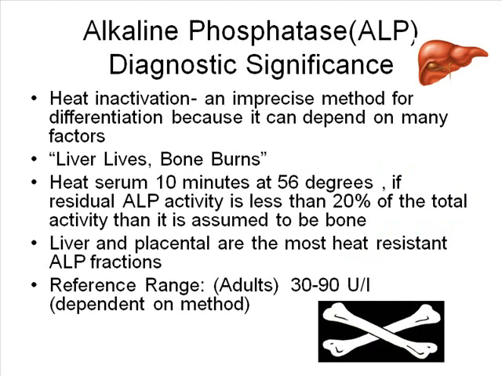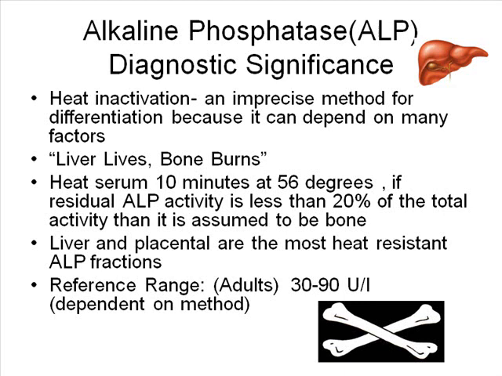And what we got was, if you get heat inactivation, that means that it was from the bone. So heat it up 10 minutes at 56 degrees, and if you have less than 20% of what was previous, then it's bone. So now you can look at the ALP and look at other enzymes and understand where it came from.